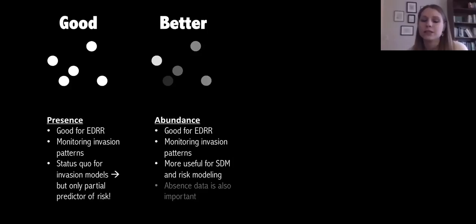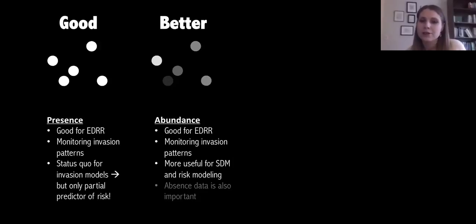In other words, it's really different if we have one stem of garlic mustard or one individual hemlock woolly adelgid as opposed to 1,000 stems of garlic mustard or 1,000 little adelgids on a hemlock tree. And so by understanding that abundance information, we can do a better job using remote sensing data to connect to places that have been invaded.